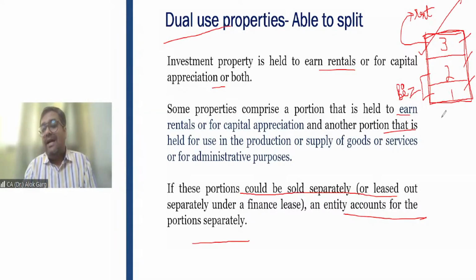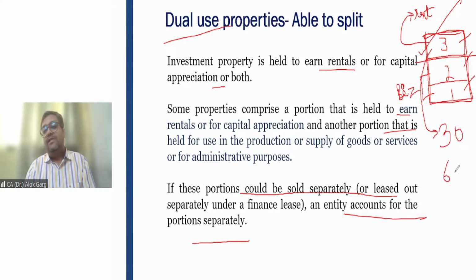For example, the entire value of the building is 1 crore. Then the company will split the value. Say the value of the third floor is 30 lakh rupees. So this 30 lakh rupees will be shown as investment property. The 60 lakh rupee value of floors number 1 and 2 will be shown as property, plant and equipment.